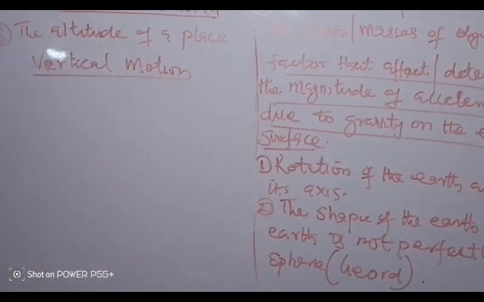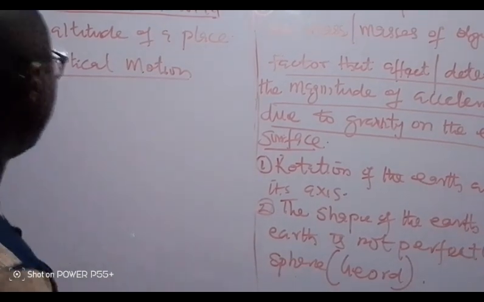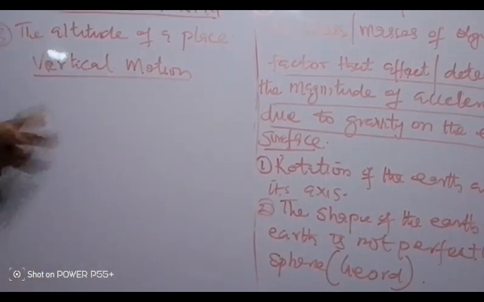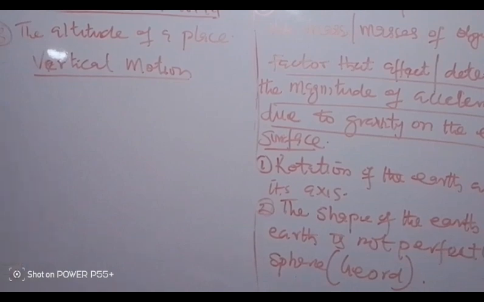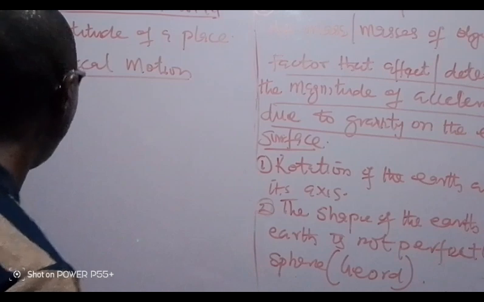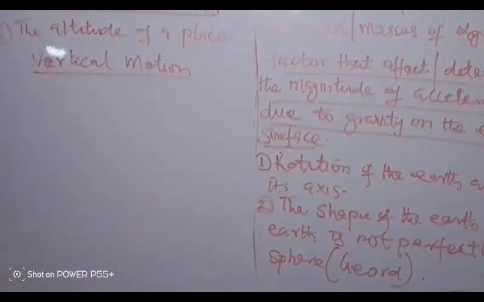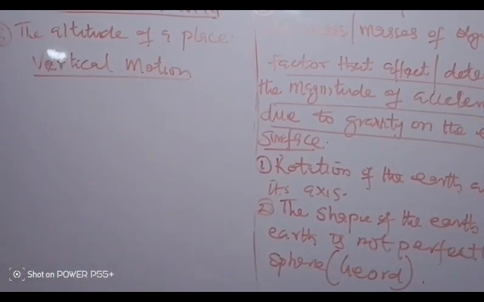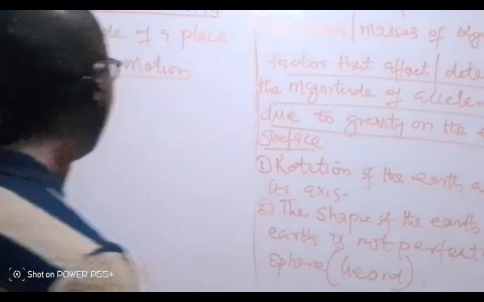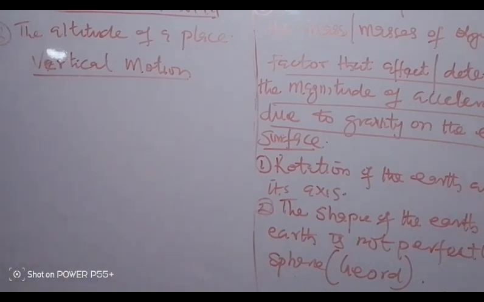Now, when you say vertical motion, it is the motion of an object which is being influenced by, one, the acceleration due to gravity, two, the weight of that object itself. I take it again. Vertical motion means the motion of an object which is being influenced by acceleration due to gravity and the weight of the object itself.